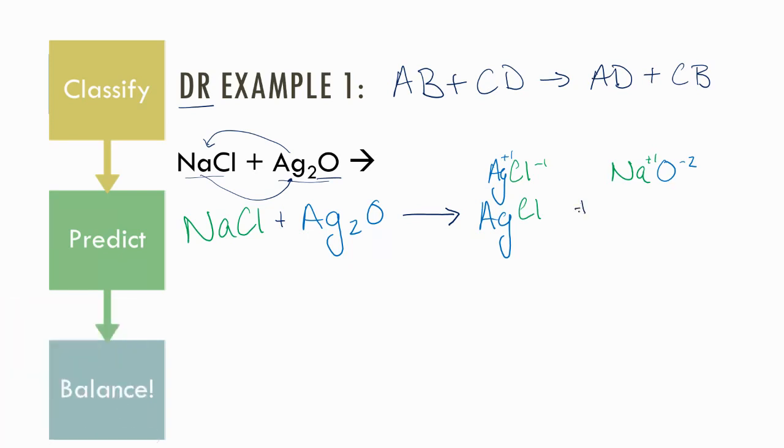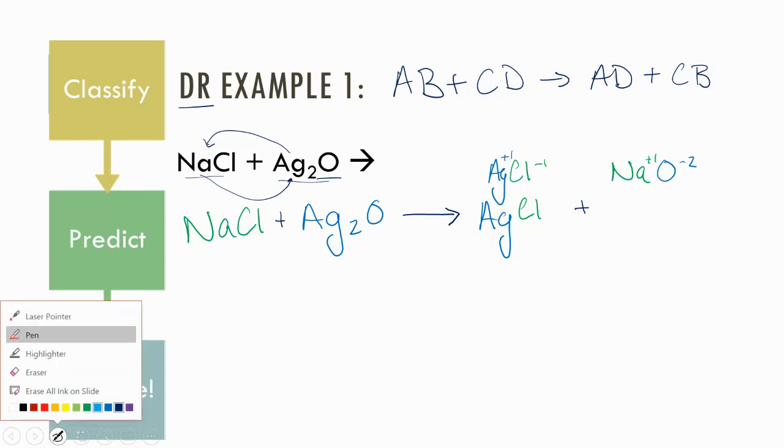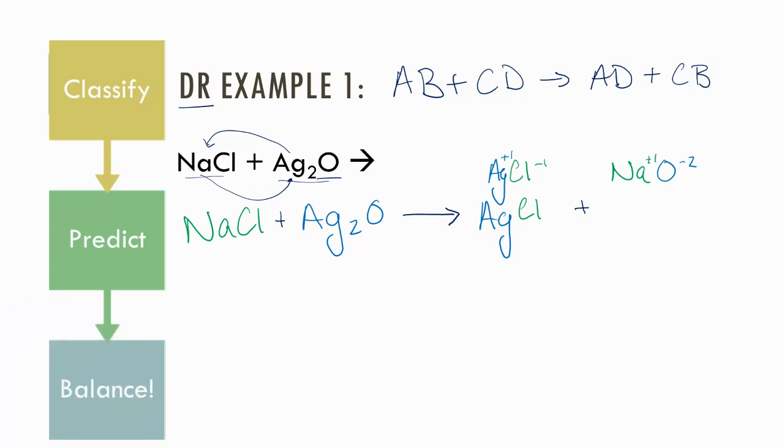The second formula is going to be Na is a +1, O is a -2, so I'm going to need 2 sodium ions to even out that oxygen. So Na2O. Notice I have my green compound and my blue compound, one blue and one green in both of the products.